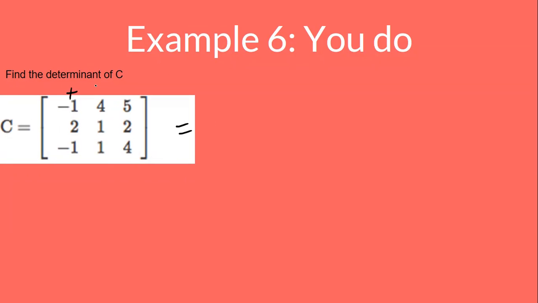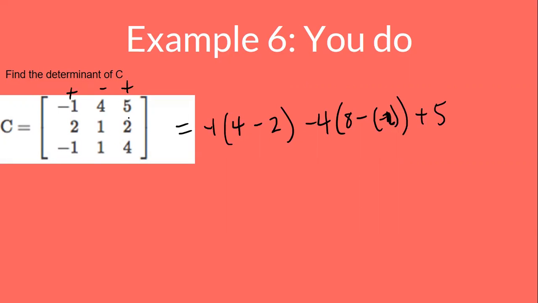Yeah. Plus, minus, plus, and you would have -1 times 1 times 4 minus 2 times 1, 2. Minus 4, 2 times 4, 8, minus 2 times -1. Sorry, -2. Plus 5, 2 times 1, minus 1 times -1.